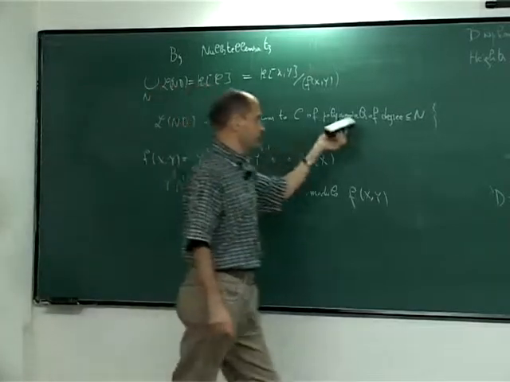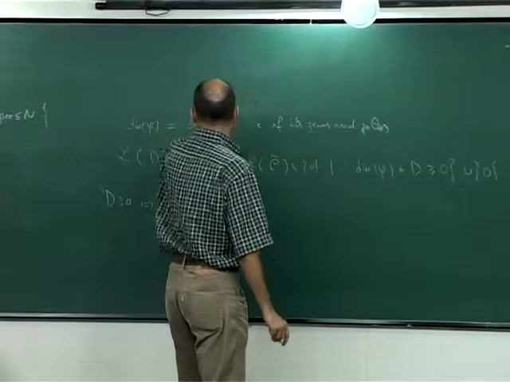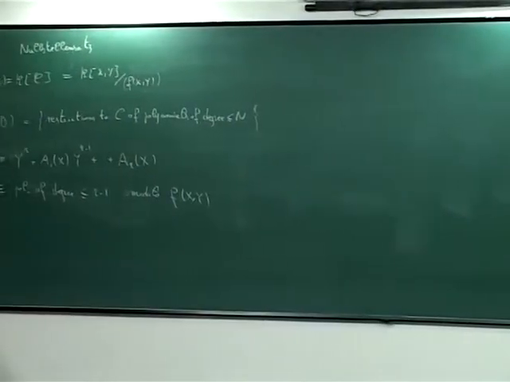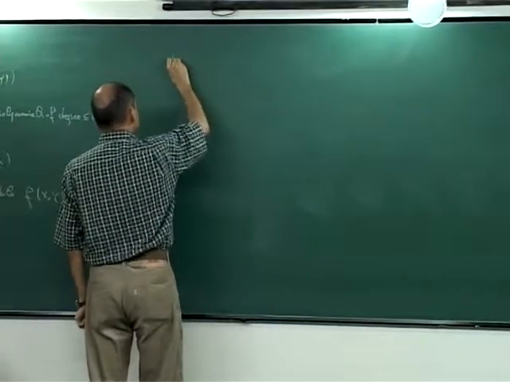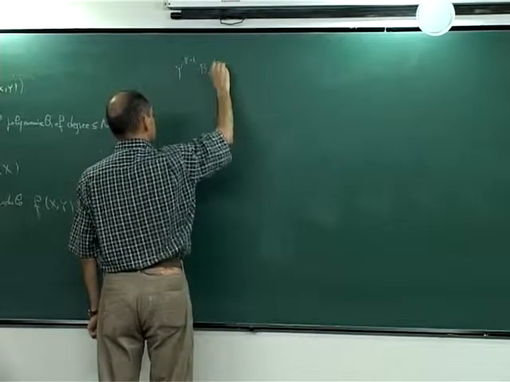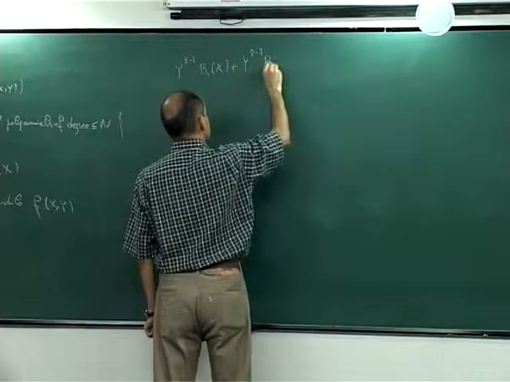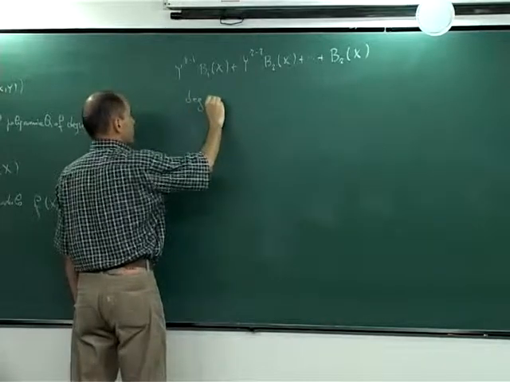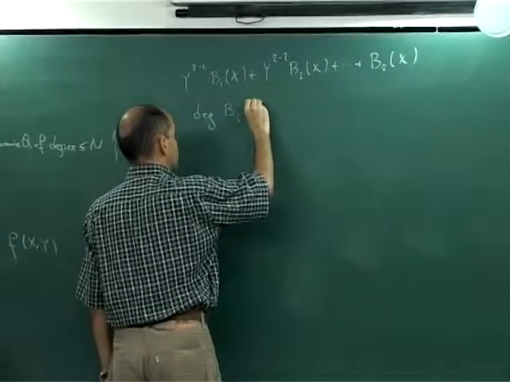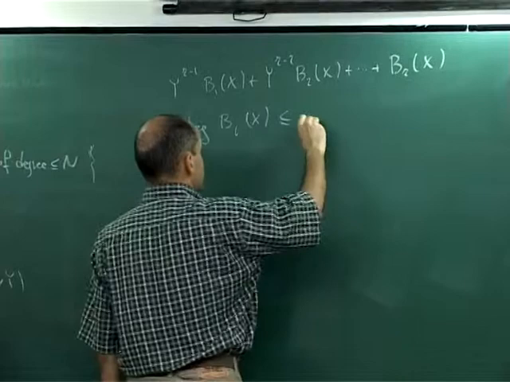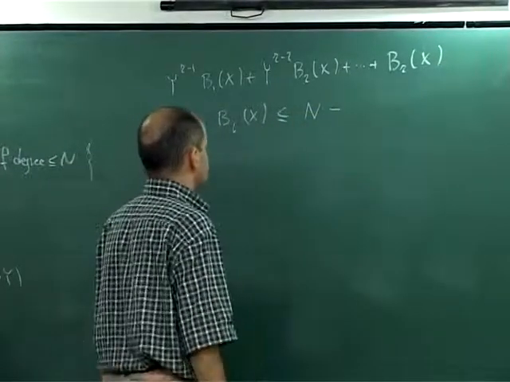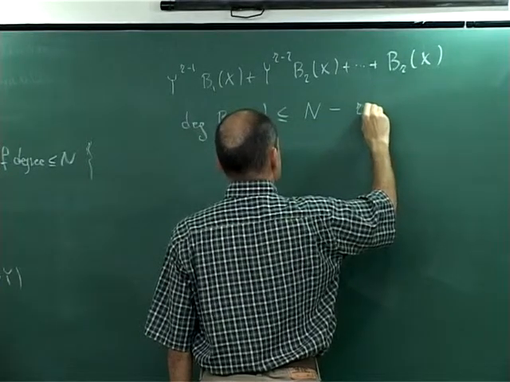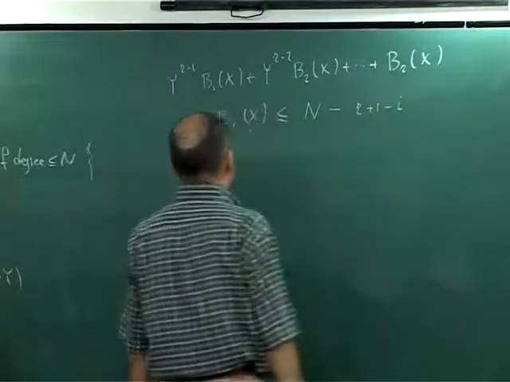So a polynomial of degree at most n can have a representative of the form y^(r-1) b1(x) plus y^(r-2) b2(x) plus ... plus br(x), where the degree of bi(x) is at most n minus... how is it... r plus 1 minus i, I think.